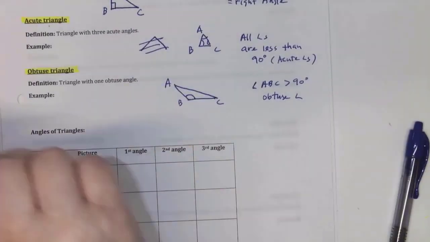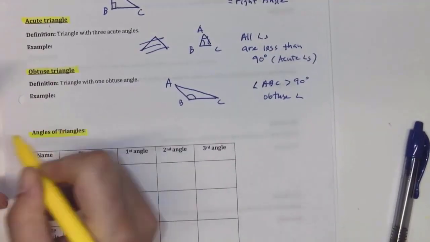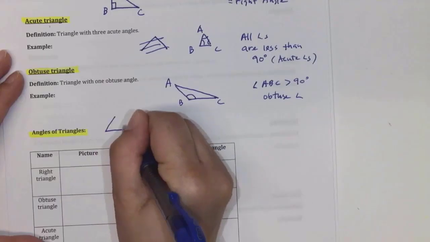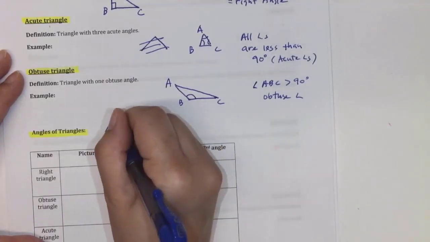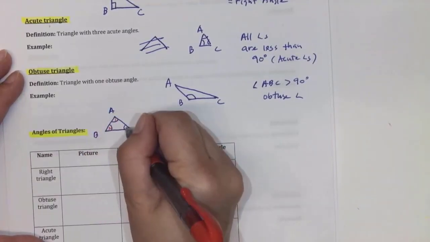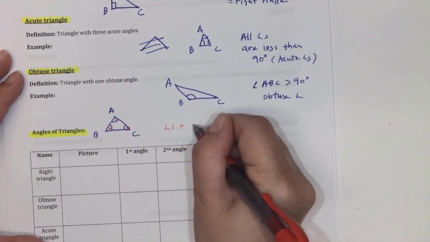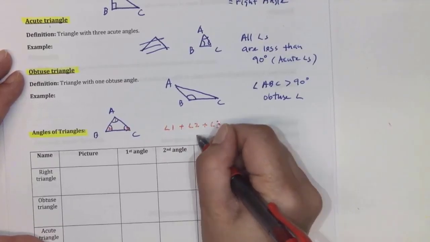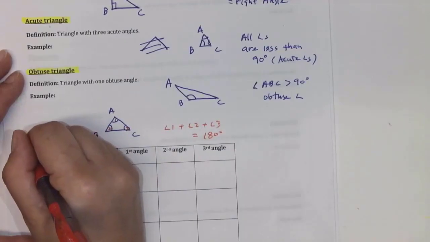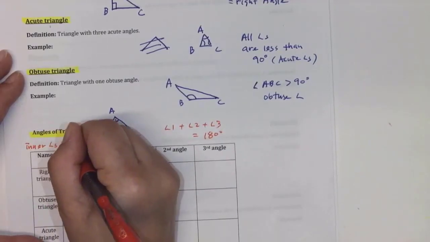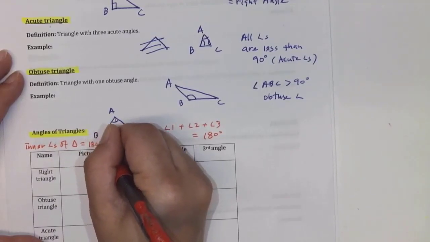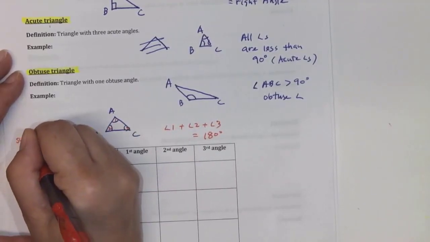We have talked about in the past, if we have a triangle, the sum of the inner angles should equal what? 180 degrees. So angle 1 plus angle 2 plus angle 3 equals 180 degrees. The inner angles of a triangle sum to 180 degrees.